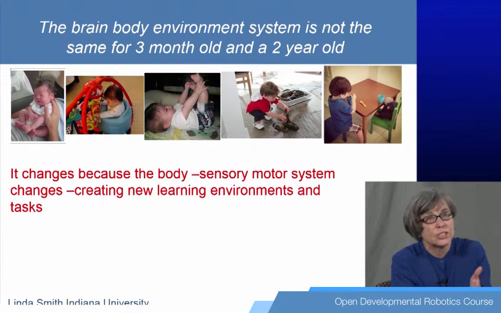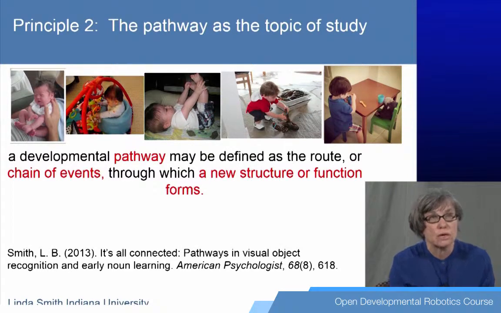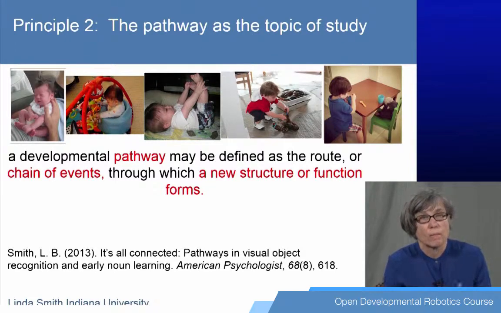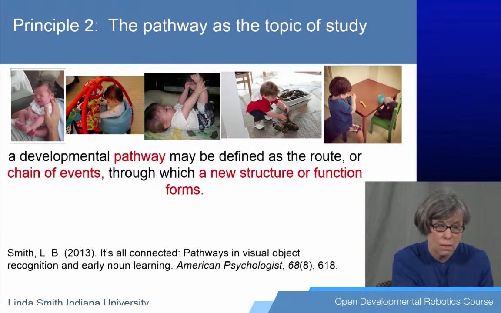The way to understand how this brain-body environment changes, or a way that people doing human development often think about it, is in terms of pathways, where the pathway itself is the topic of study. A developmental pathway may be defined as the route or chain of events through which a new structure or function forms.